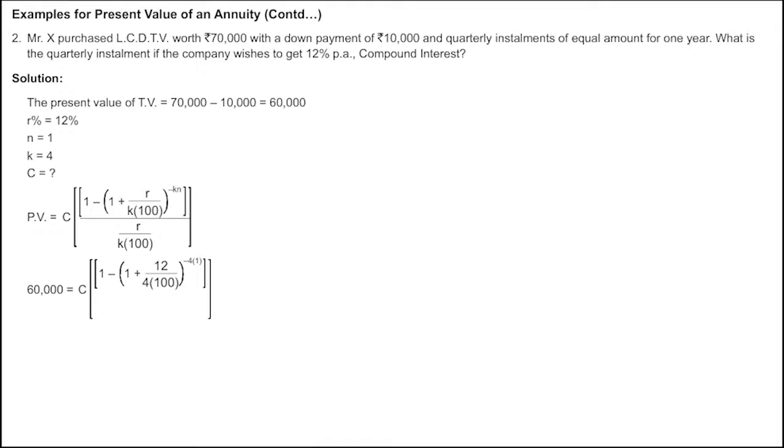That is the numerator, and the denominator will be 12 upon 4 into 100 because the value of K is 4, N equal to 1 year and R is 12%. So by simplifying the right hand side, the numerator, what do you get? 1 minus (1 plus 0.03) whole raised to the power minus 4, and the denominator will be 0.03.